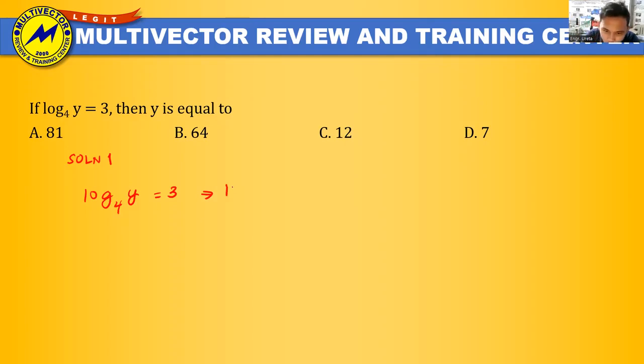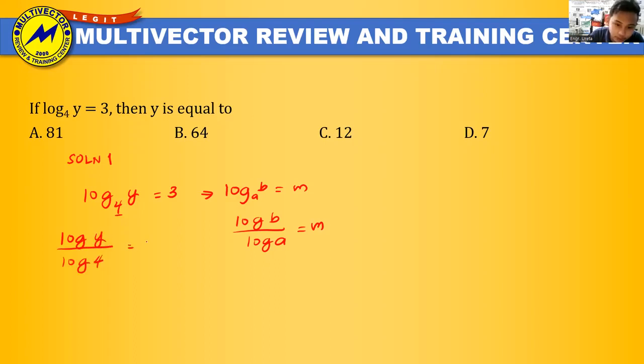So log b to the base a is equal to m. Therefore, log b all over log a is equal to m. Yung base daw natin, pwede daw natin gawing denominator ng logarithm. Logarithm of y all over logarithm of 4 is just equal to 3.